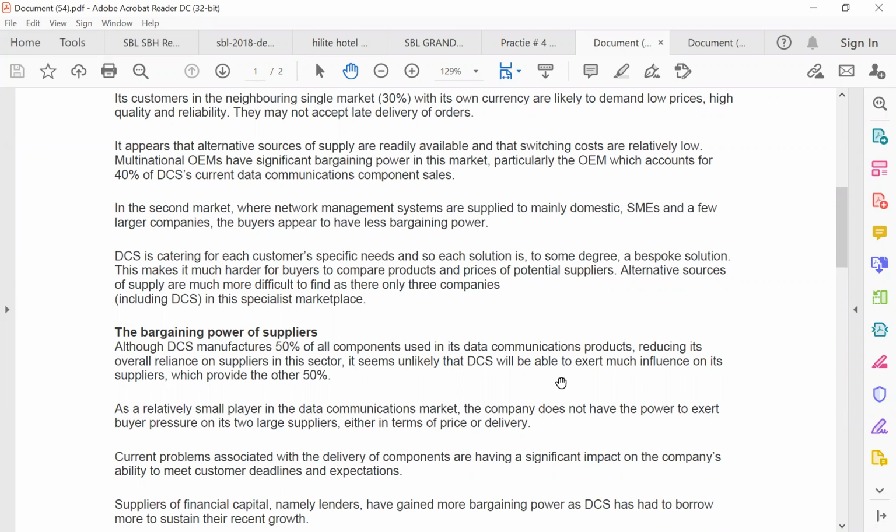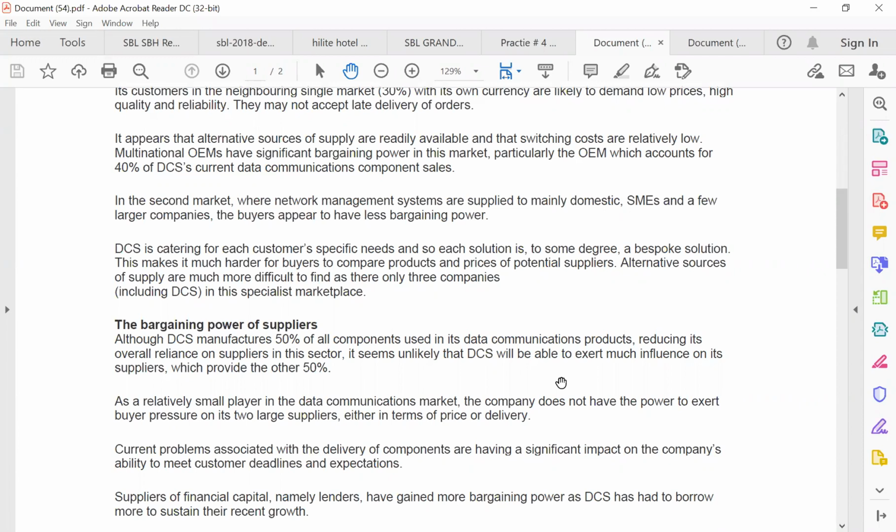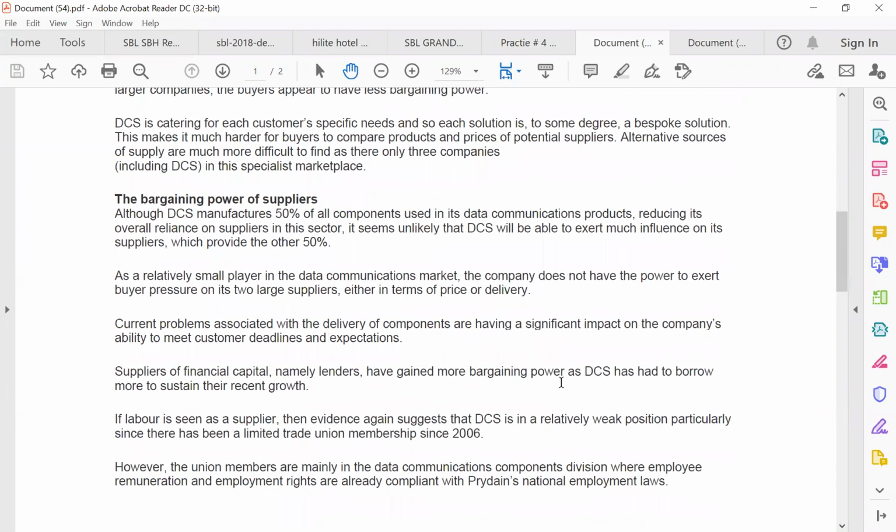This makes it much harder for the buyer to compare the products and prices of potential suppliers. Alternative sources of supply are much more difficult to find as there are only three companies, including DCS, in this specialized market. So I have written a very reasonable part in the first one.